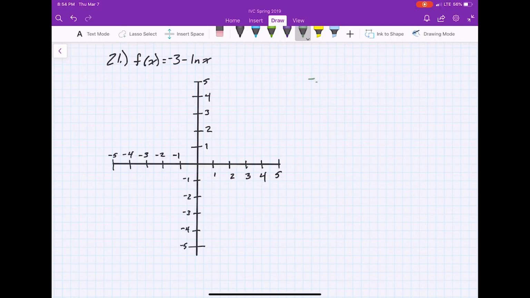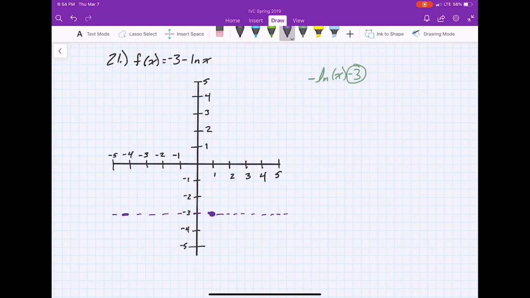Same thing here. Again, x has to be bigger than 0. So I'm just going to reorganize this to be negative ln x minus 3. So we moved the horizontal line, or the axis over which it's going to reflect, down to negative 3. So our original line would have normally gone through 1, 0, but now it's going to go through 1, negative 3 right there.